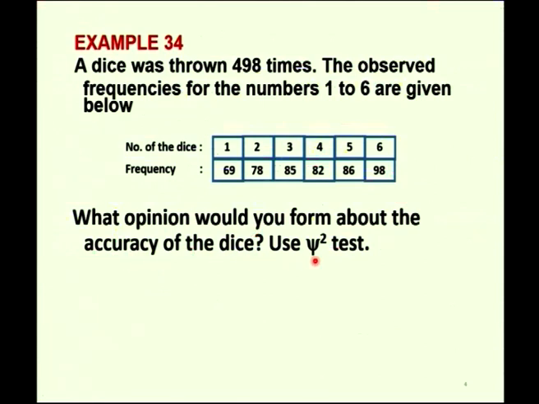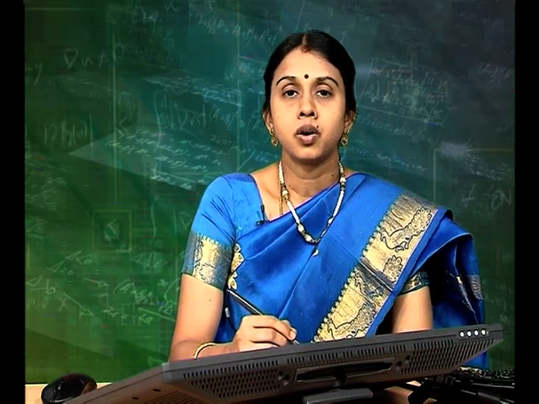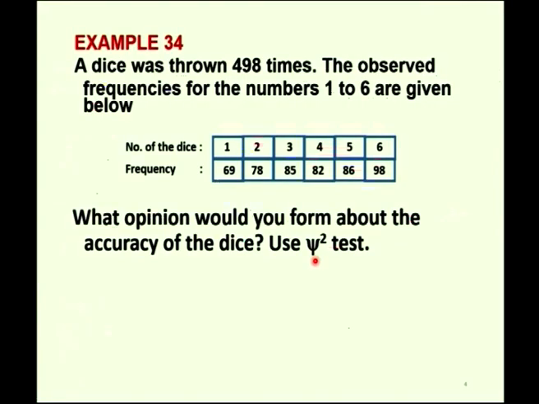Use chi-square test. So, first of all, if we want to discuss whether the die is accurate, we have to discuss about the die is biased or unbiased. We will set up H naught so that frequencies are equally distributed. So, we will go ahead with step 1, setting up of H naught such that summation OI is equal to summation EI, which says the die is unbiased.